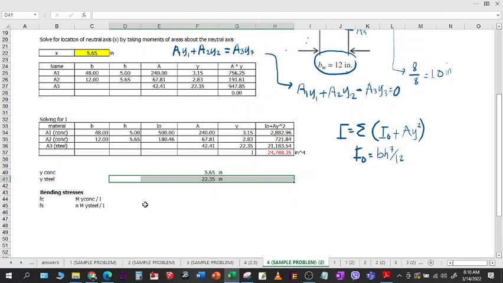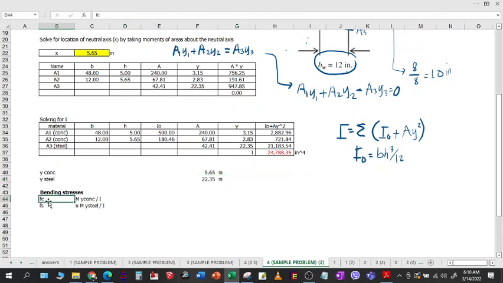And in this case, we are now ready to solve for the FC and the FS. FC is MC over I, or MY concrete over I, and FS is still MY of steel over I times the modular ratio. Don't forget that if you account for the stress in steel, you always include the modular ratio.